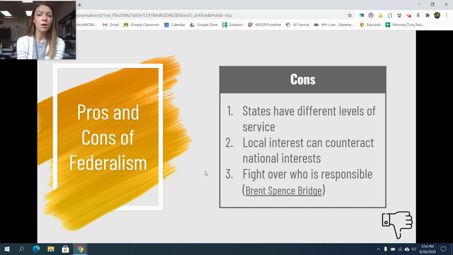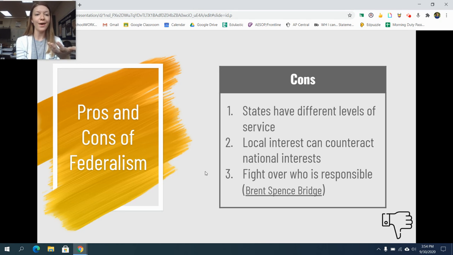And then another negative of federalism is that there's often a fight over who is responsible. The national government might pass the buck to state governments for certain projects. One of the examples is the Brent Spence Bridge, one of the bridges that takes you from Ohio into Kentucky. What you see happen is a fight over who is responsible for fixing things like that when they break.